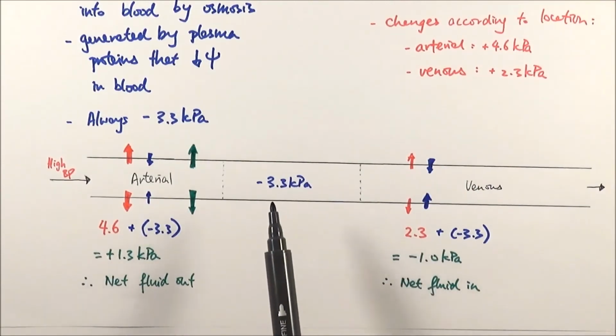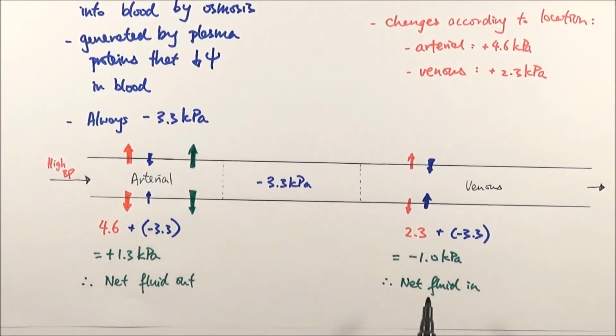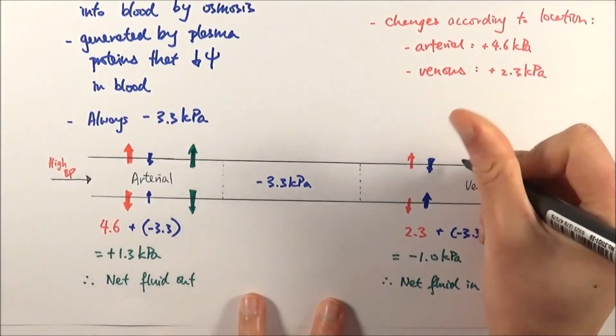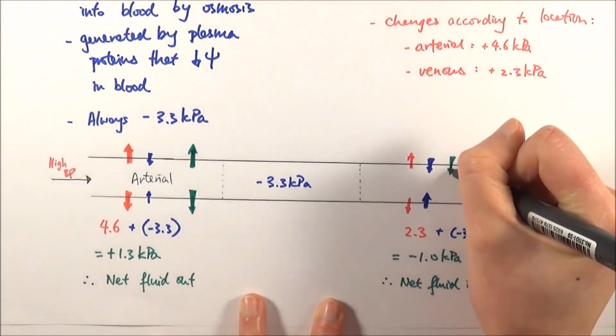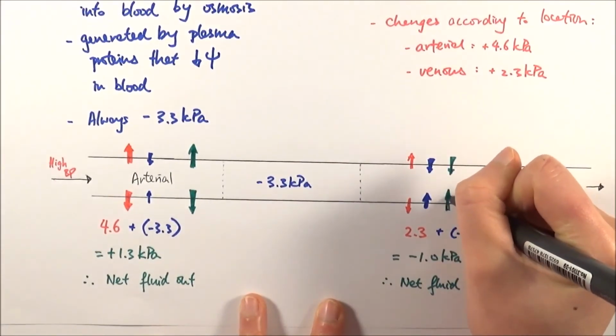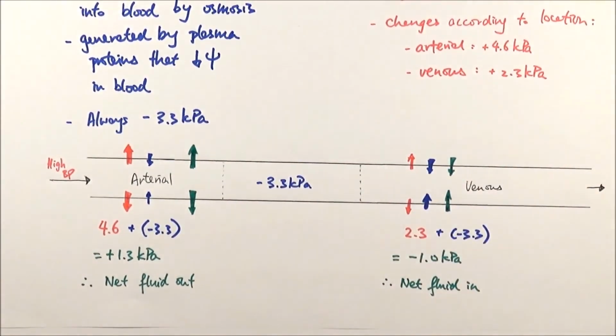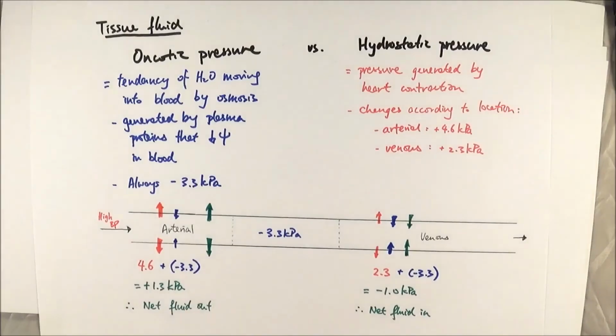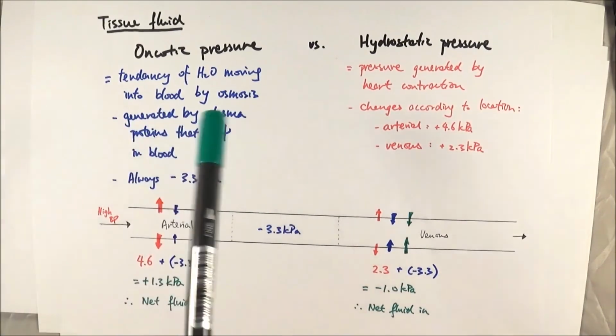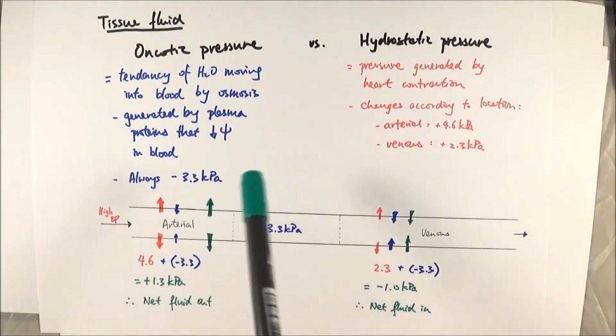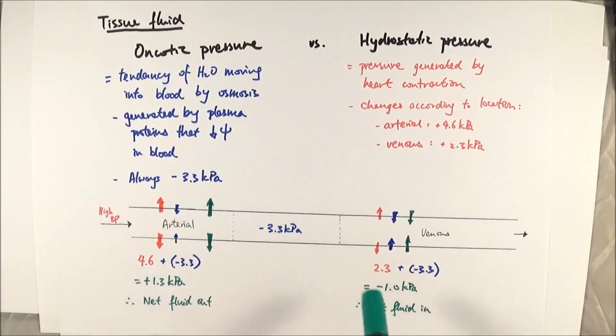Compared to the oncotic pressure, we get a negative filtration pressure, so the net fluid moves back in, bringing all the waste products back into the blood to be transported away to the heart and got rid of in various organs. So you've got tissue fluid, which is made depending on oncotic pressure and hydrostatic pressure, and we just need to compare the two to find out how it's made here and how the fluid goes back in here to be transported away in the blood.